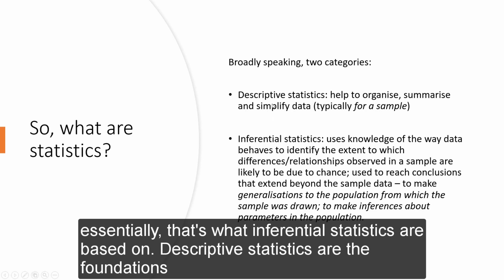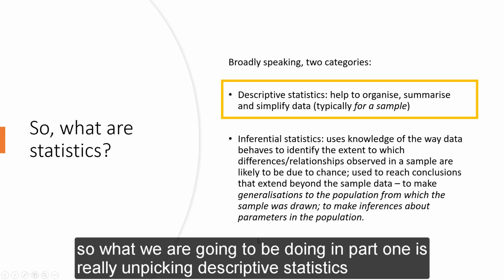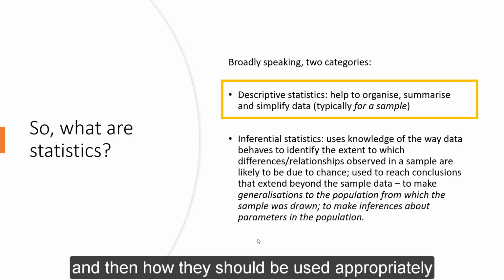So the descriptive statistics are the foundations, and our inferential statistics are the walls we're building on those foundations. So what we're going to be doing in part one is really unpicking descriptive statistics, and how they should be used appropriately.